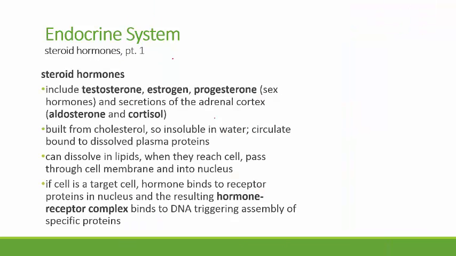So let me give you some words. Steroid hormones include materials like testosterone, estrogen, progesterone, and secretions that come from the adrenal cortex like aldosterone and cortisol or hydrocortisone. Those are the same materials. As I said before, they're built from cholesterol.